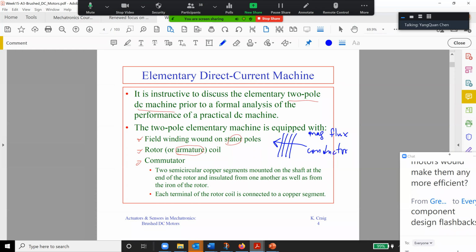So then you need something to generate the magnetic flux. That's called field winding. You generate a magnetic field, okay. So this is a magnetic field.